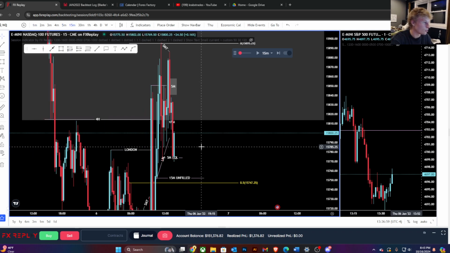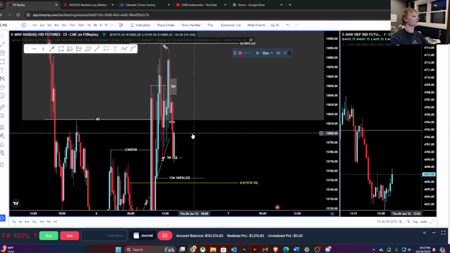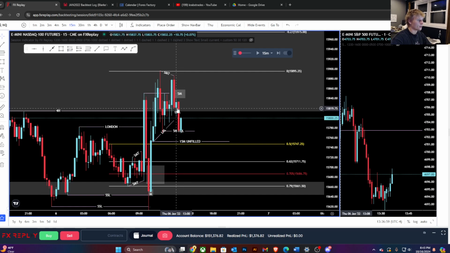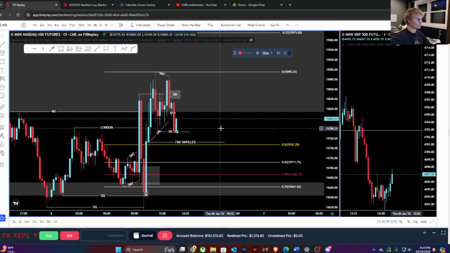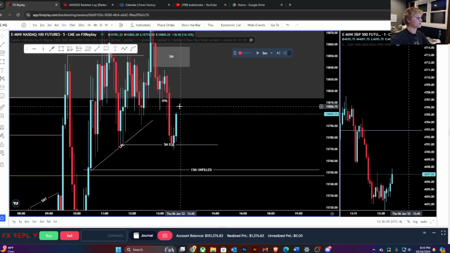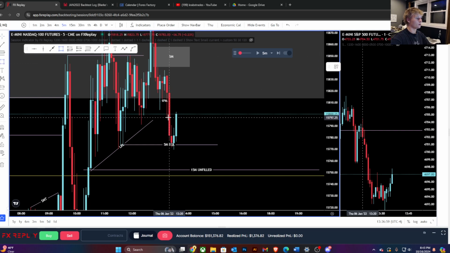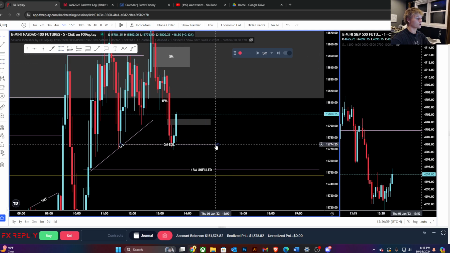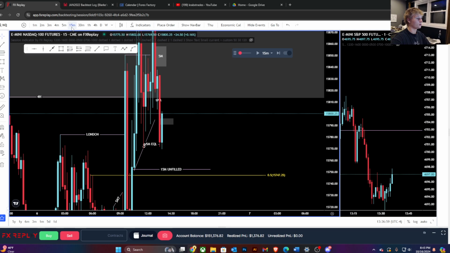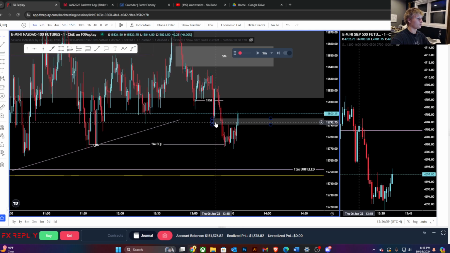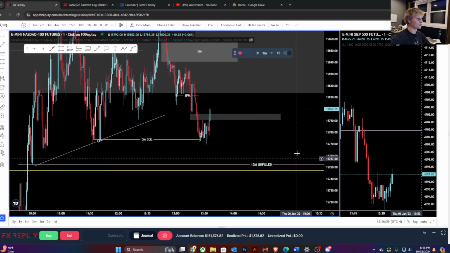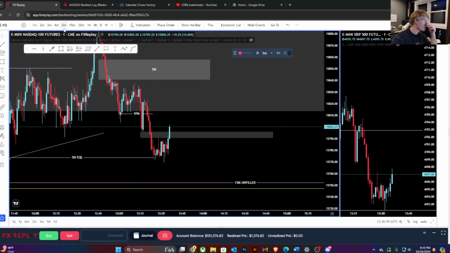Actually like shorts even more now with this 15-minute closure, kind of shifting the structure here, displacement lower. We retraced higher, which we did into this 5 minute here. I do still like the shorts since we did close below these equal lows, kind of. But yeah, I do still want to see us get rebalanced.